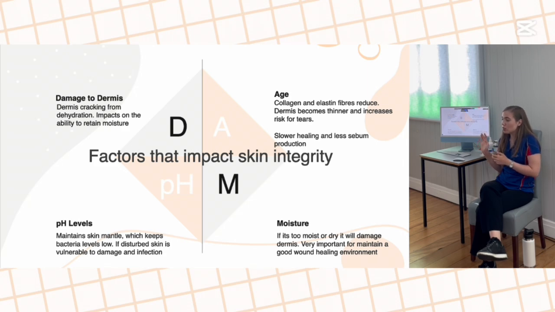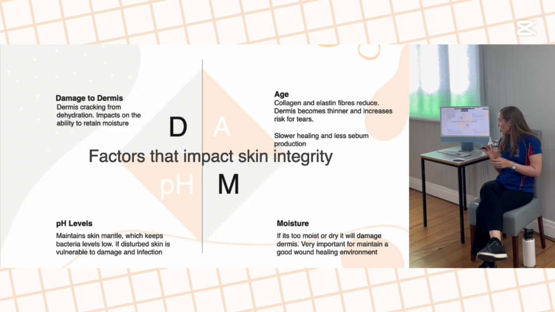We see that a lot more in terms of transferring people when they're older, like in aged care facilities, for example, but you can get tears really easily on skin from removing dressings incorrectly. And also there's slow healing and less sebum production.